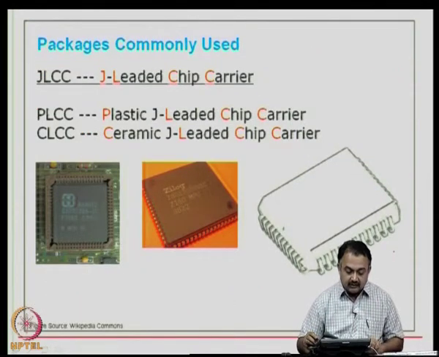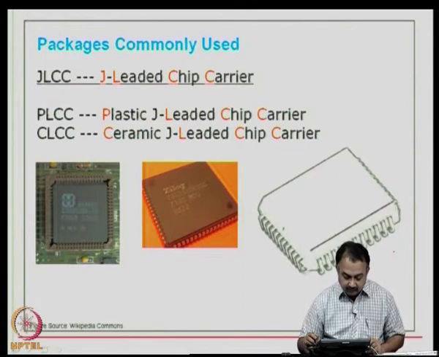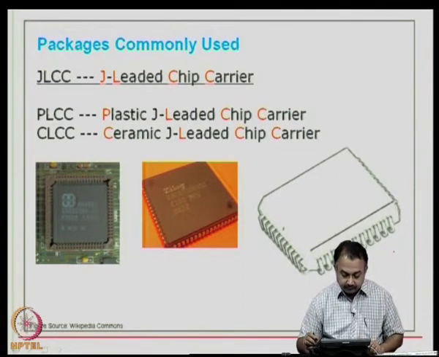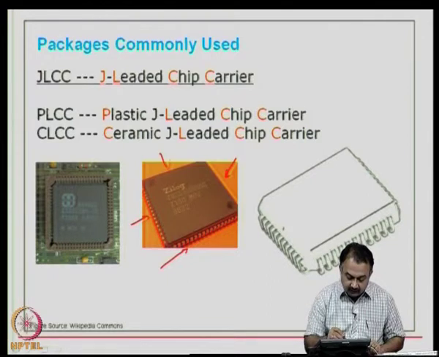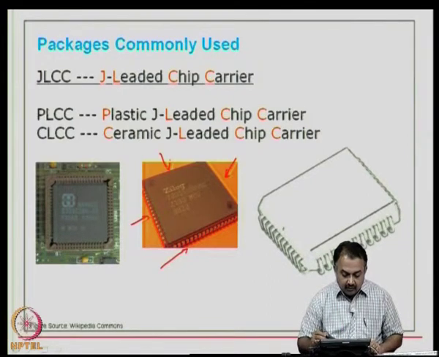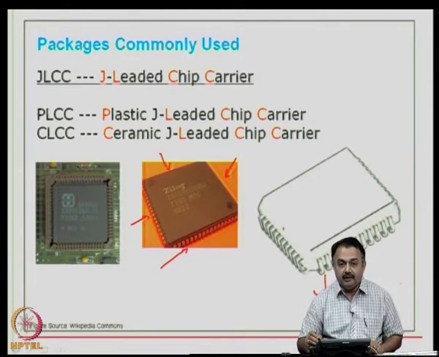Then comes the next section, which I mentioned earlier, known as J leaded chip carriers. So, as you can see in this picture, these are quad, because you can see the connections or the IOs are at the 4 sides of the package, and typically you can see that the leads are in the form of a J bend.